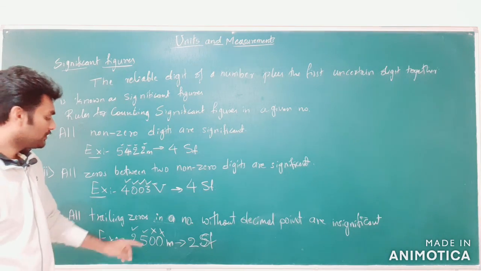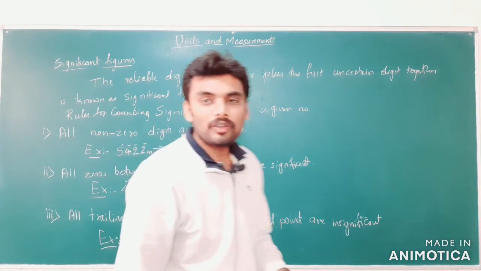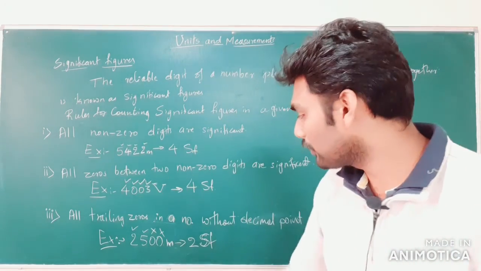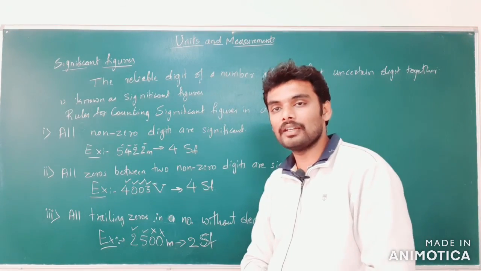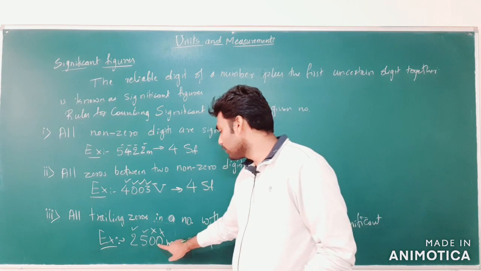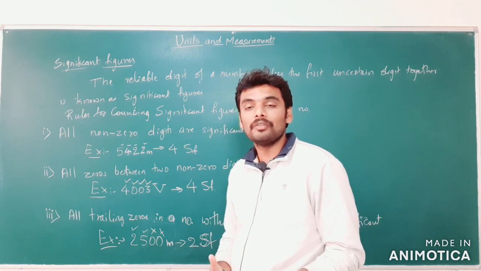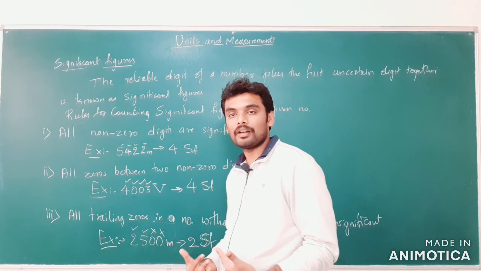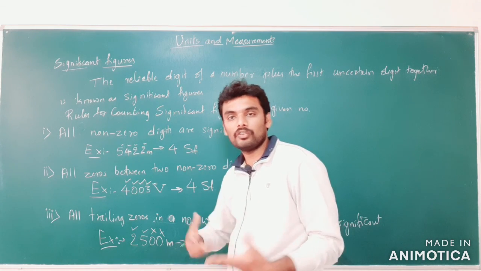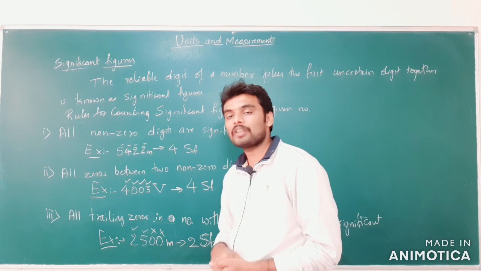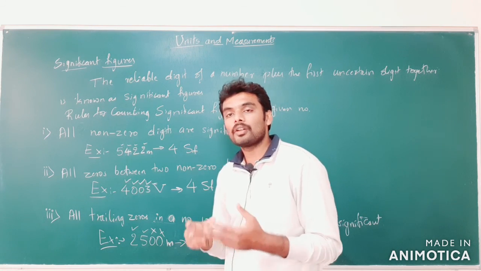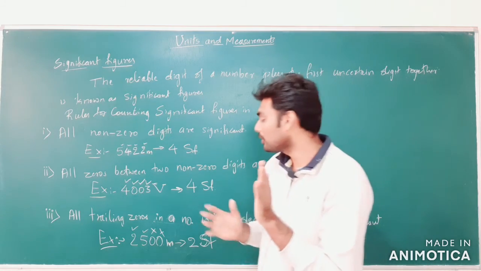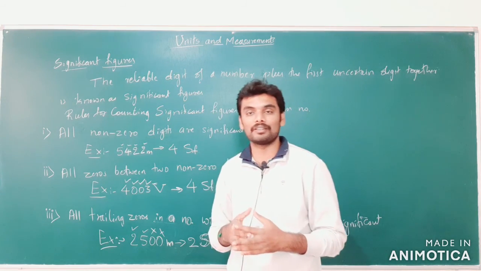See, you might think, okay, fine, why not? Because 2500 is the value. Mathematically, if we neglect these two zeros, we cannot decide whether the value is 25 or 250 or 2500, isn't it? That's how you might think. But actually, we are not bothered about the values, instead we are bothered about what kind of measurement is done.